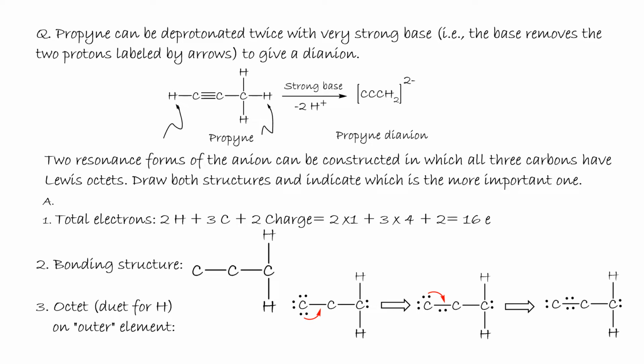Problem number 2. Propyne can be deprotonated twice with a very strong base, which means that the base removes the 2 protons labeled by arrow, this hydrogen and one of the hydrogens of the CH3, to form the propyne dianion. 2 resonance forms of the anion can be constructed in which all 3 carbons have a Lewis octet.